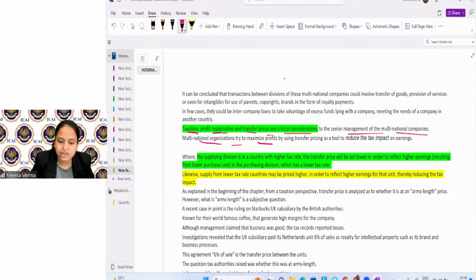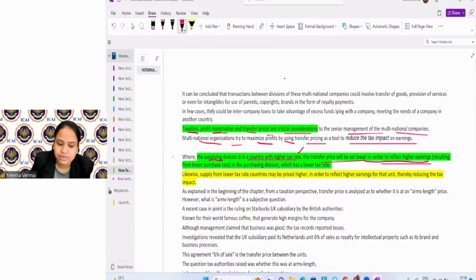Multinational organizations try to maximize the profit by using transfer pricing as a tool to reduce the tax impact on earnings. So if the supplying division or the transferring division is in a country of higher tax rate, the transfer price will be set in a way in order to reflect lower earning.